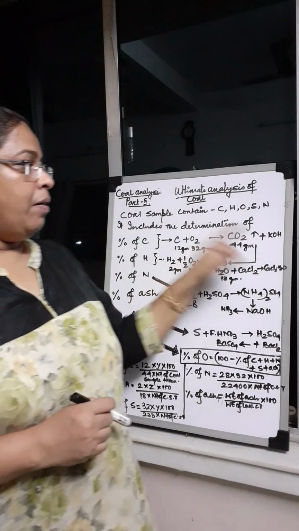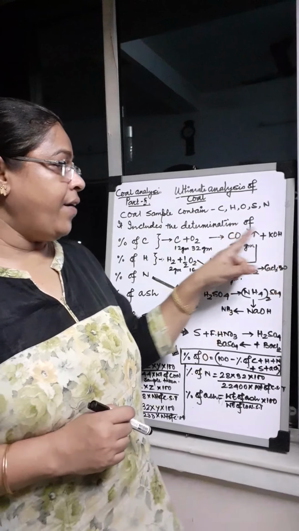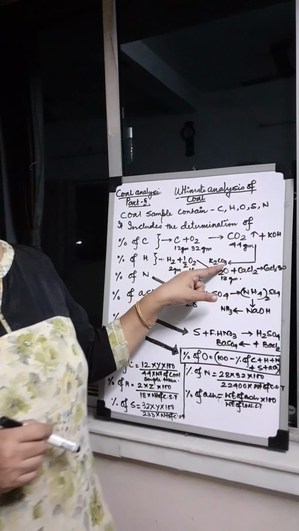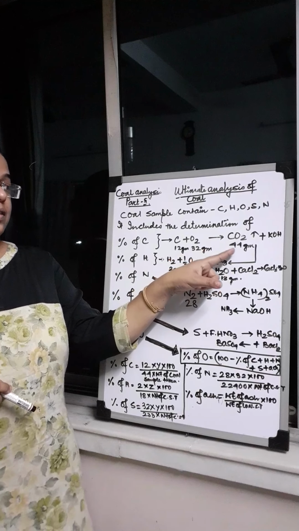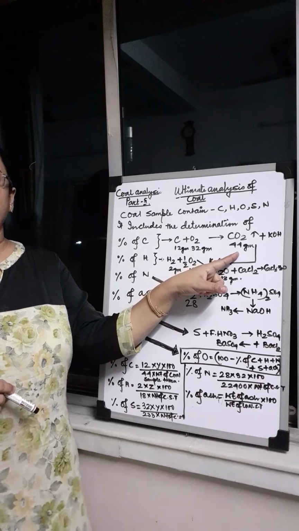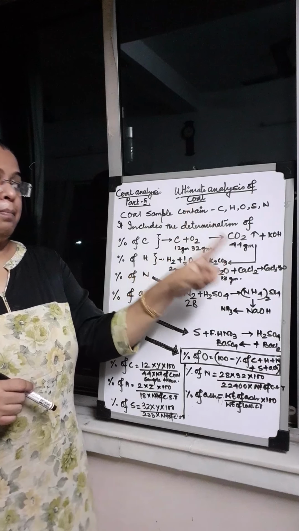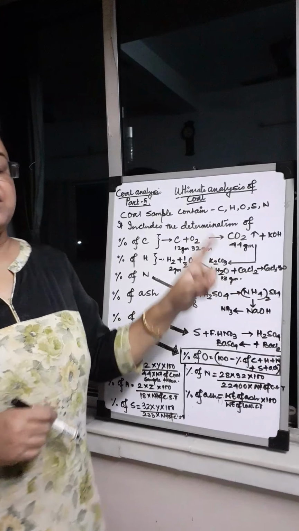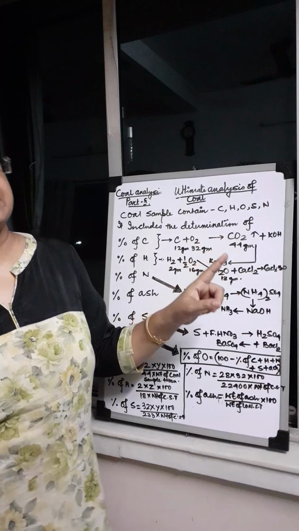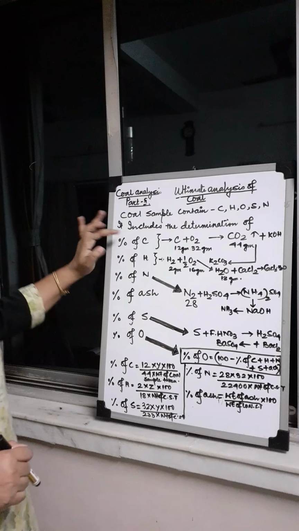When carbon dioxide passes through potassium hydroxide, it reacts to form potassium carbonate, K2CO3. And there is a change of 44x gram. If suppose x molecules of carbon dioxide are formed, then there is a change of 44 into x gram. Okay, so these two are done.